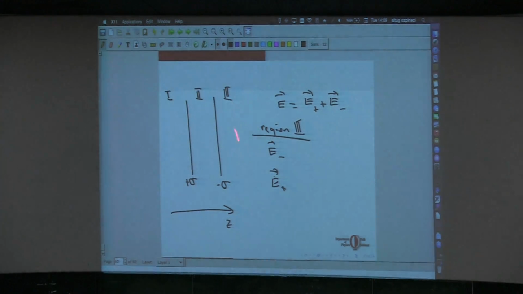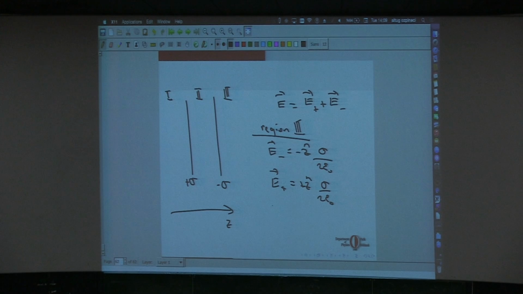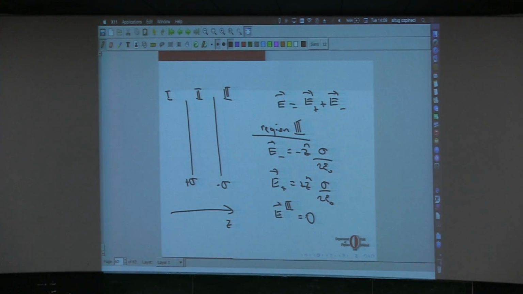Remember, I'm looking at some point over here. So it's in the minus Z direction. The magnitude is sigma over 2 epsilon 0. And the electric field created by this positive charge is plus Z, sigma over 2 epsilon 0. So the total electric field in region 3 will be 0.